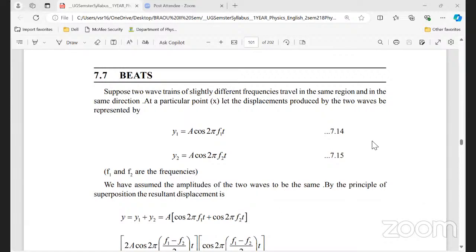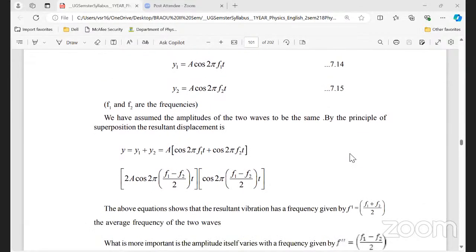According to the superposition principle, by adding these two, cos 2 pi f1 t plus cos 2 pi f2 t, so cos A plus cos B equals 2 cos of (A plus B) by 2 into cos of (A minus B) by 2.